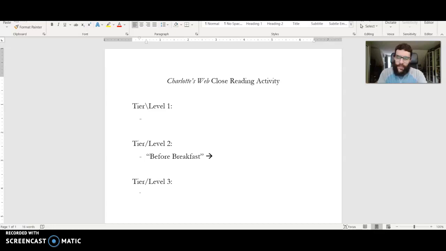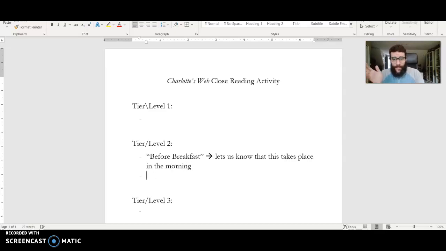So you could put a note, lets us know that this takes place in the morning. Now, that might not matter all that much as you go on with the text, and in this case it really doesn't, but it's just a piece of information. It has to do with the setting, it has to do with time of day, and it may be important in other texts.